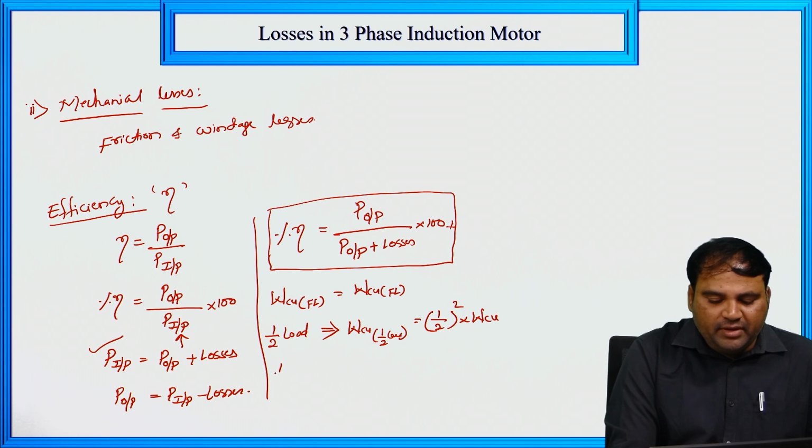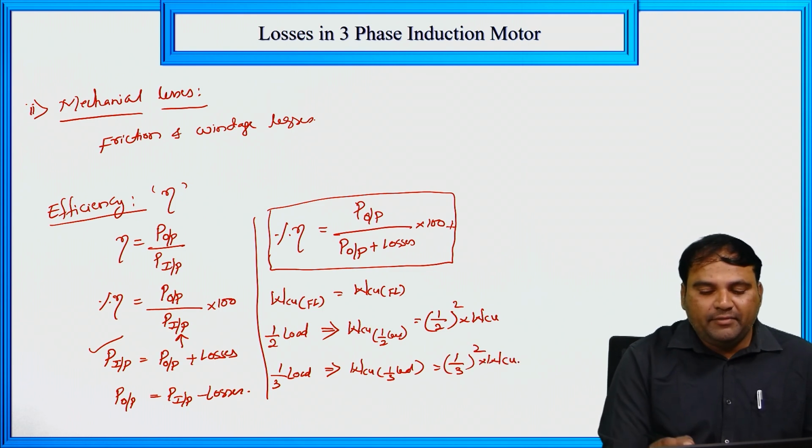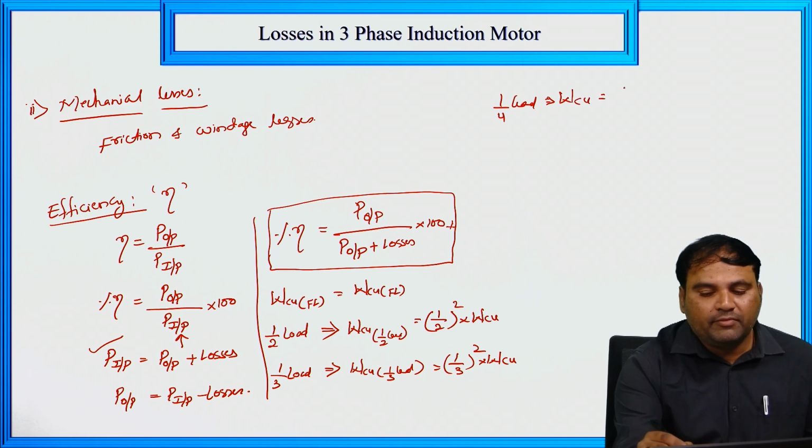Suppose it is 1 by third load, the copper losses at 1 by third load are 1 by 3 whole square into copper losses. Or if it is 1 by 4th load, the copper losses equal 1 by 4 whole square into copper losses.